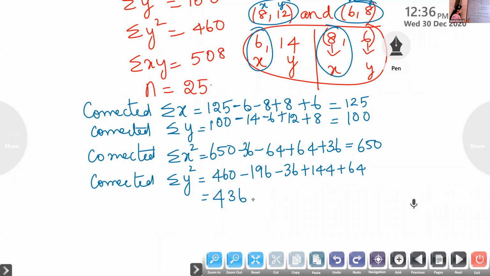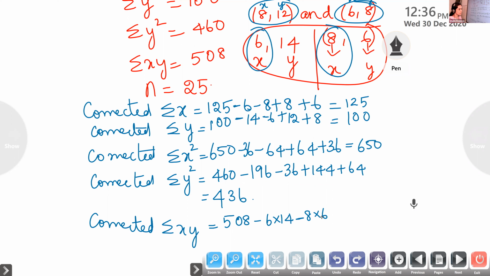Then corrected sigma xy, that also we have to calculate. Sigma xy means we have to take the product. We have to take the product of the wrong values and subtract, and take the product of the correct values and add. So sigma xy is given as 508 minus 6 into 14, minus 8 into 6.